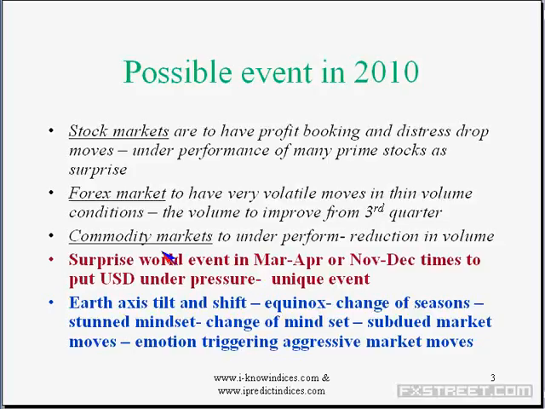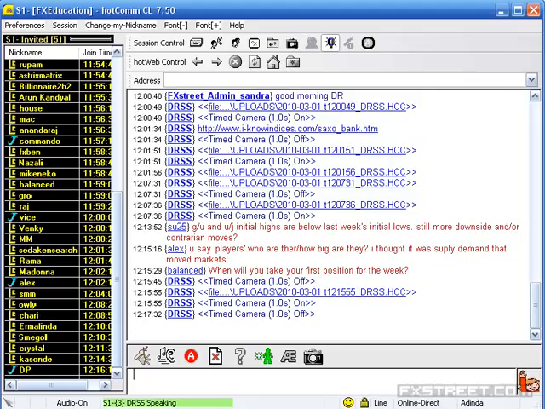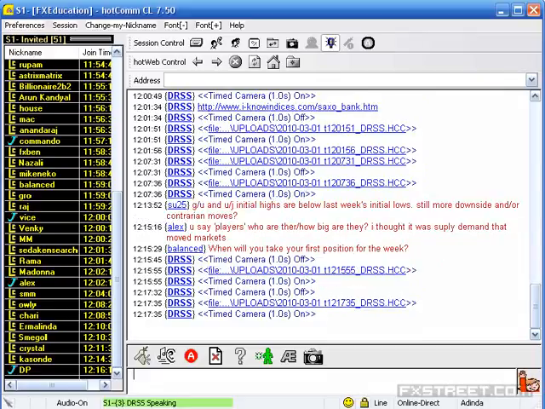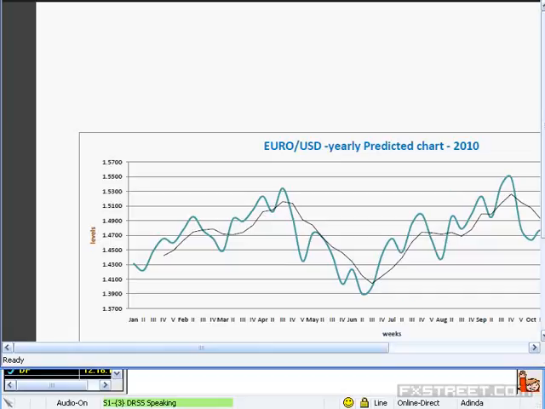That sort of move is seen in the month of January and February, and there could be a trend reversal point. And this particular trend reversal point, I was expecting either in the month of March, April, a sudden trigger could happen. And in my earlier estimate, I was expecting mostly that to happen during the month of November, December. I will just show the Euro chart, what I have shown earlier.